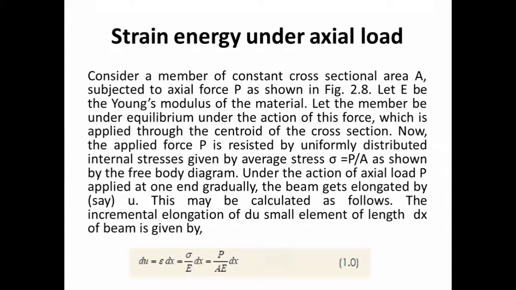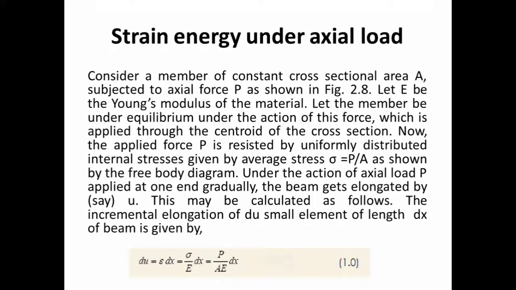So du is equal to epsilon times dx. Epsilon is strain, which is related to stress and Young's modulus: sigma upon capital E. Sigma is replaced by P by A, which is stress. So du is equal to P upon AE dx.